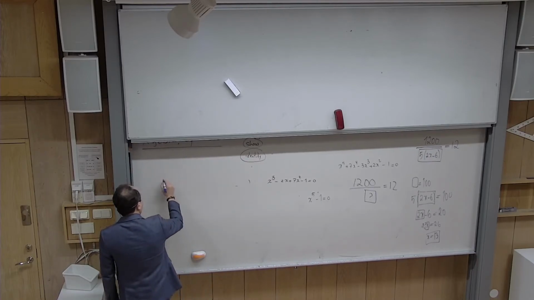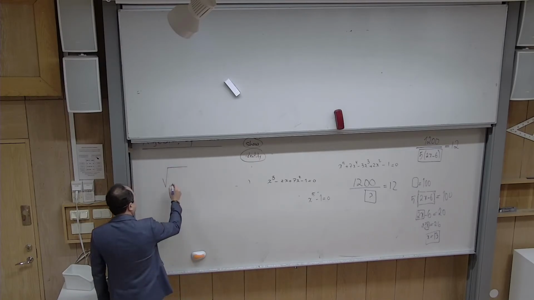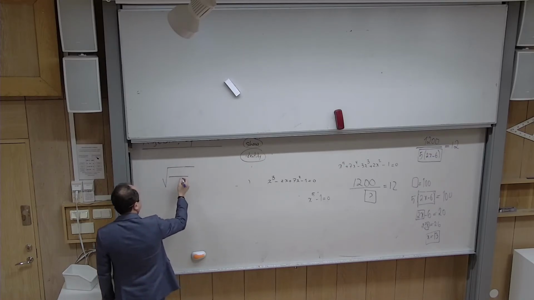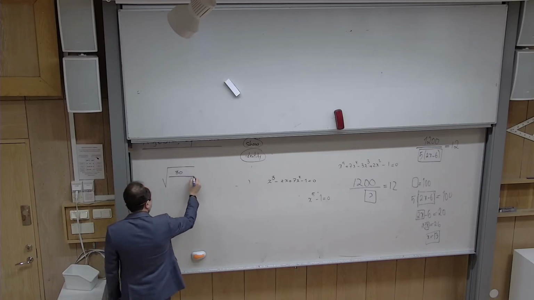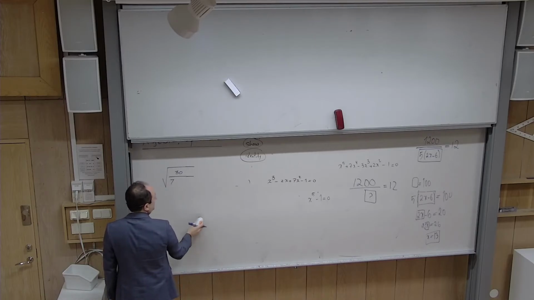I will give you the square root of, and then we will have, for example, 30 divided by, so let me make the numbers nicer.